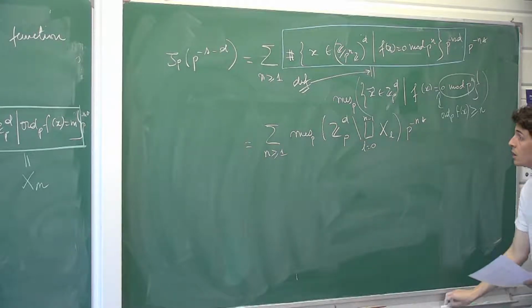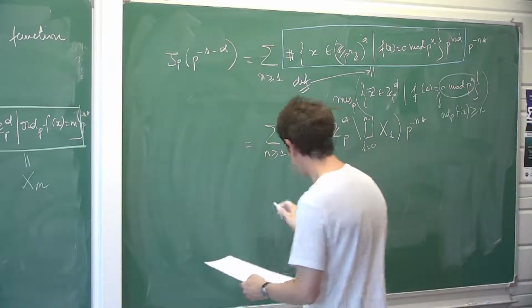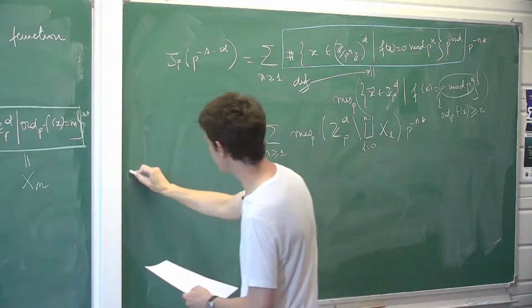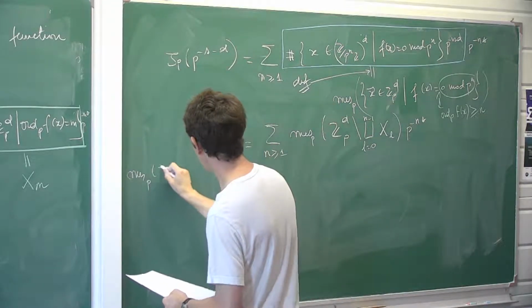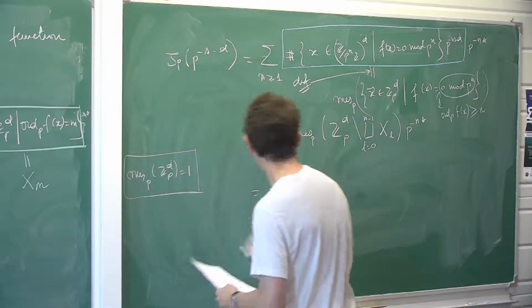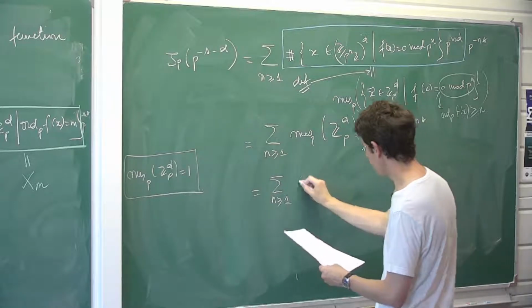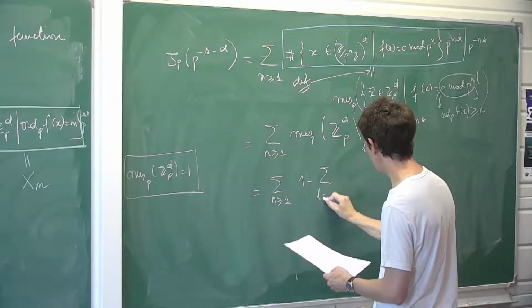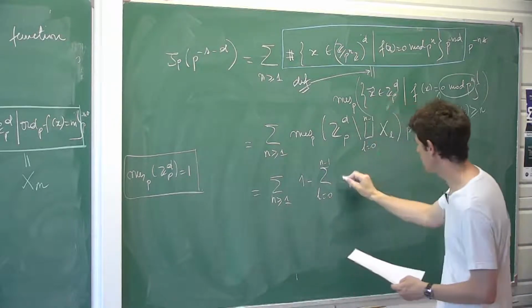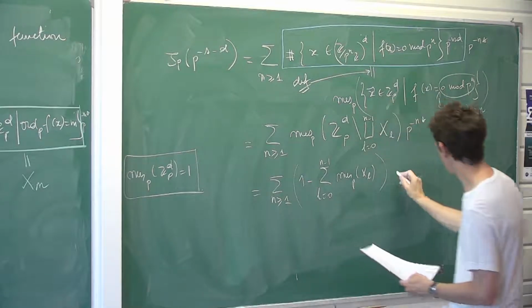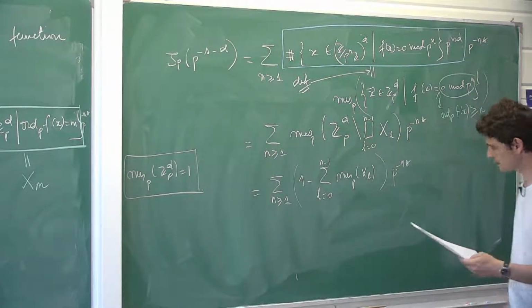Okay. And then using the measure, you have a sum for n larger than 1. So I recall to you that the p-adic measure of the unit ball is 1. So this gives you 1 minus the sum for l equals 0 to n minus 1 of the p-adic measure of X_l, p^(-ns).